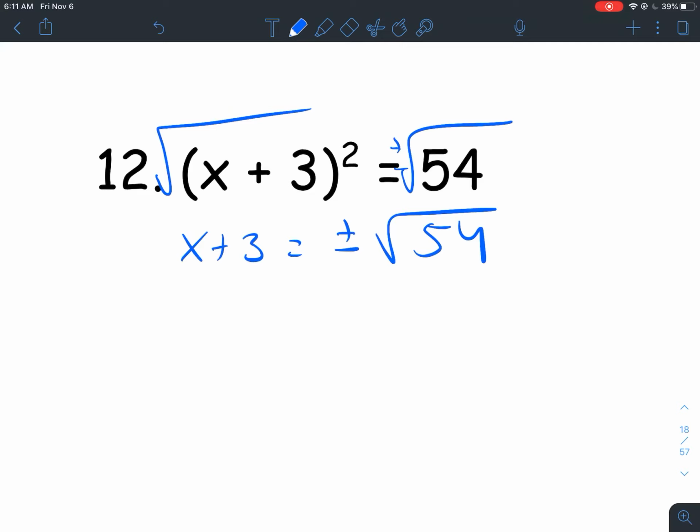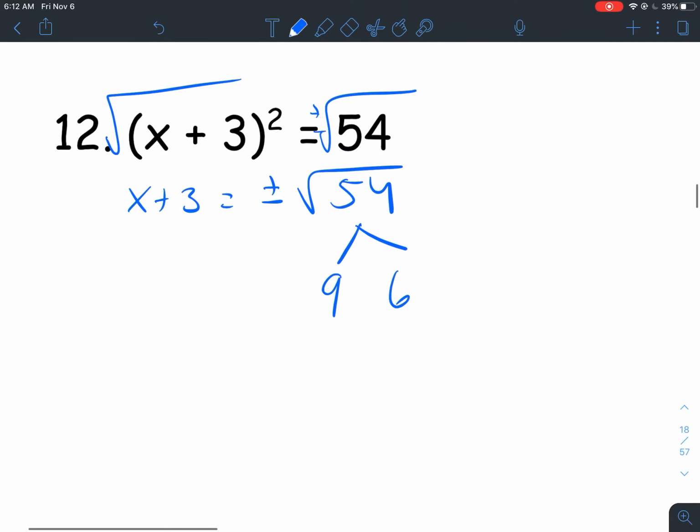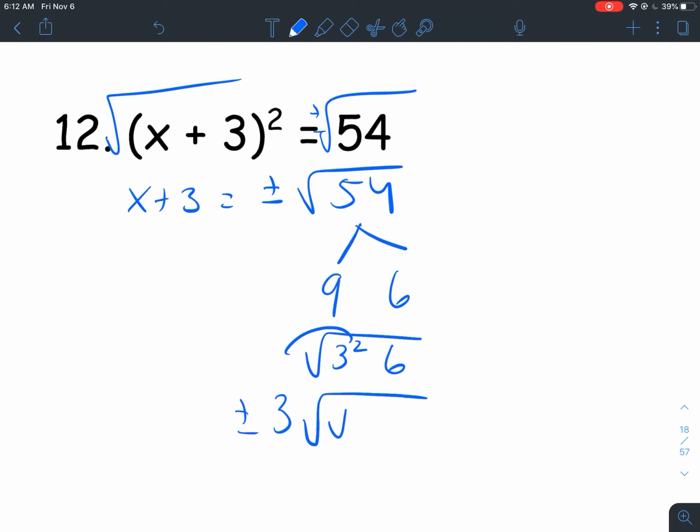Now, we already learned how to break down this root 54. So we could break 54 down into 9 and 6. And then, of course, for that, we get 3 squared times 6, and we can pull the 3 out. So we get plus minus 3 root 6.